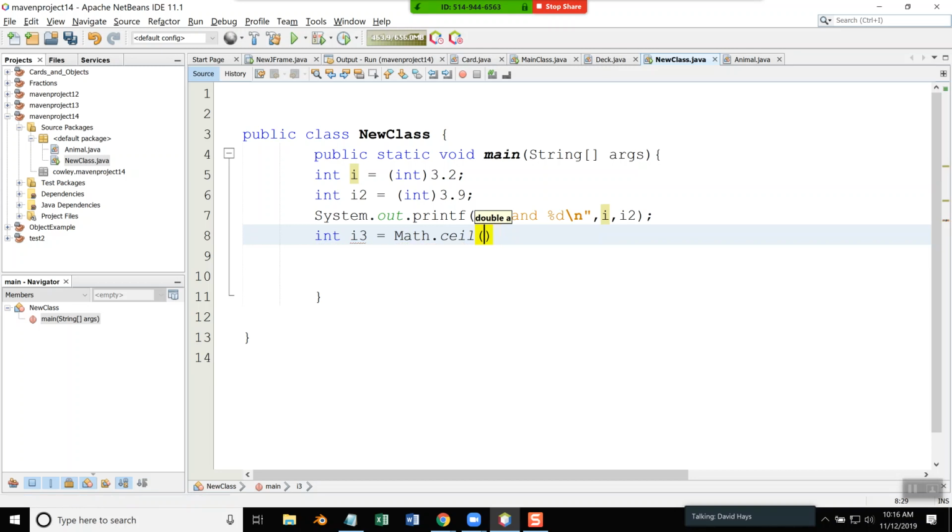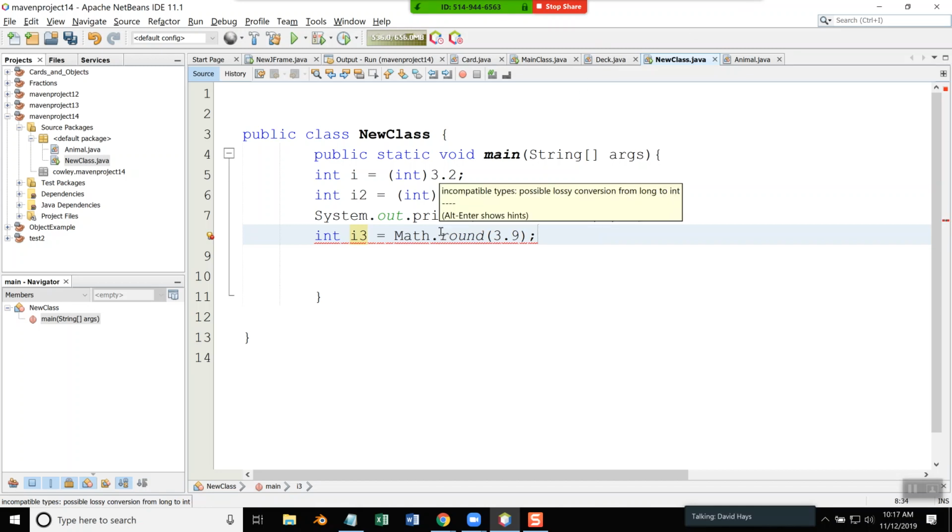Well, I expect you just do a round. That'll return, I think, a floating point, though. See if that's right. Assuming it's not capital R. So we're possible problem from long to integer. Math.round returns a long.